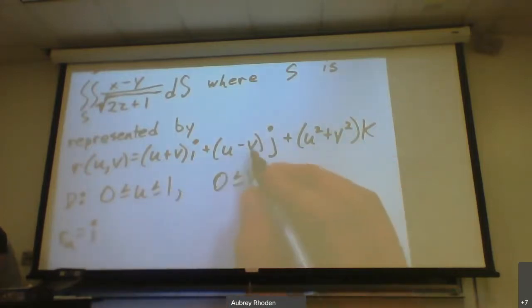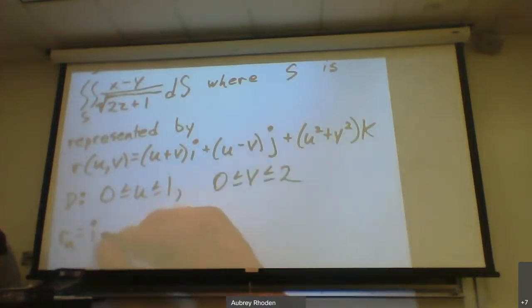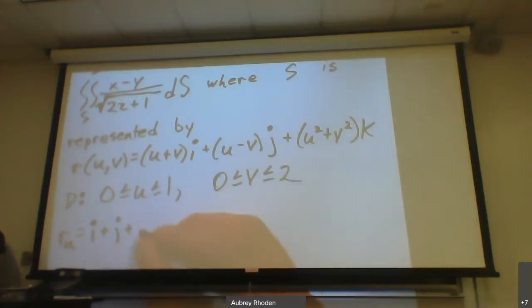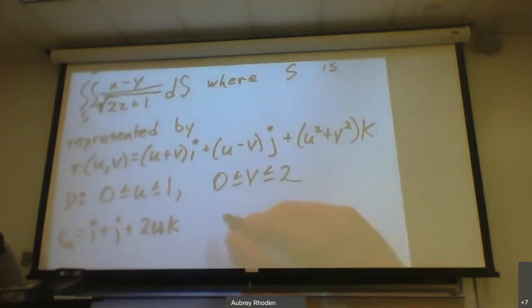And the partial derivative of this one with respect to u is just that u right there, plus j. And now the partial derivative with respect to u of this component is going to be plus 2u k.